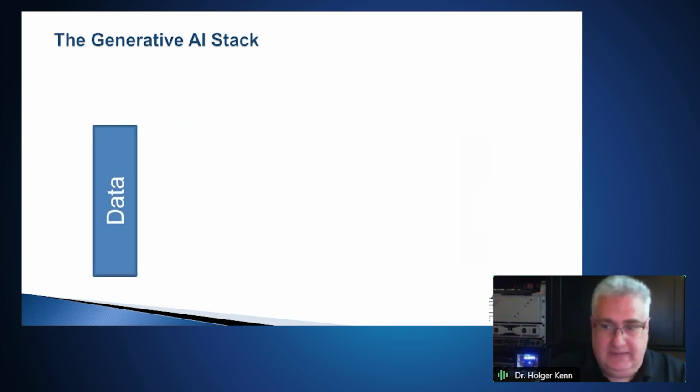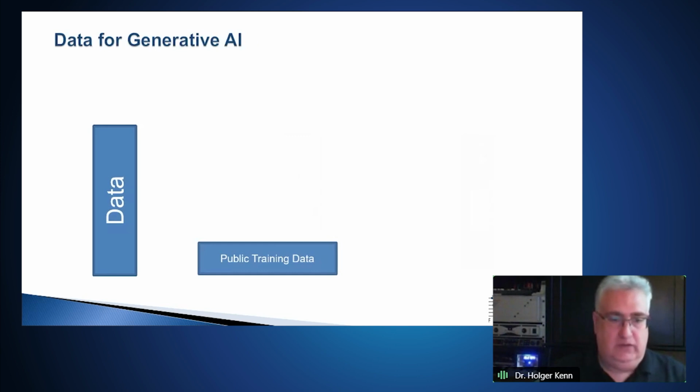So let's think a little bit on what kind of data is involved in these generative AI systems. So you've probably heard about all this harvested public training data, the things that are on the web that people have downloaded that try to build these AI models based on this public training data.